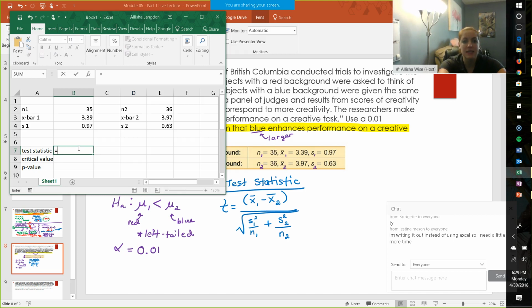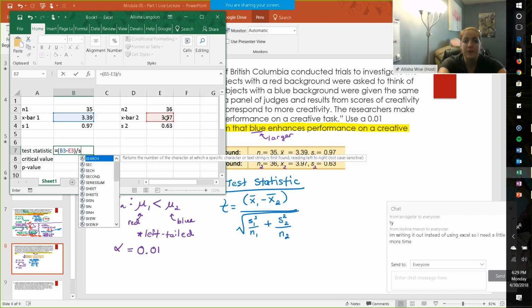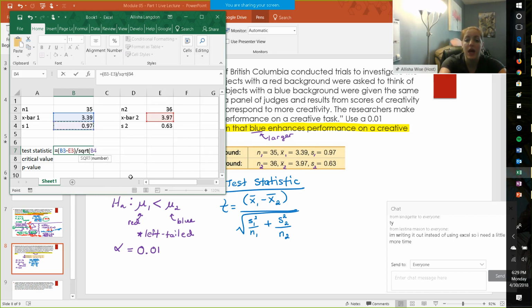Okay, so test statistic, parentheses around the top. We're going to grab x bar 1. We're going to subtract x bar sub 2. We're going to divide by the square root. Parentheses, now we type in the bottom. So I'm going to grab s sub 1, 0.97.